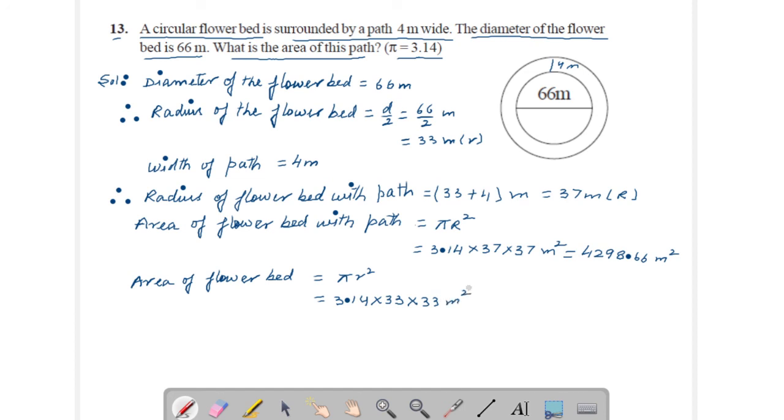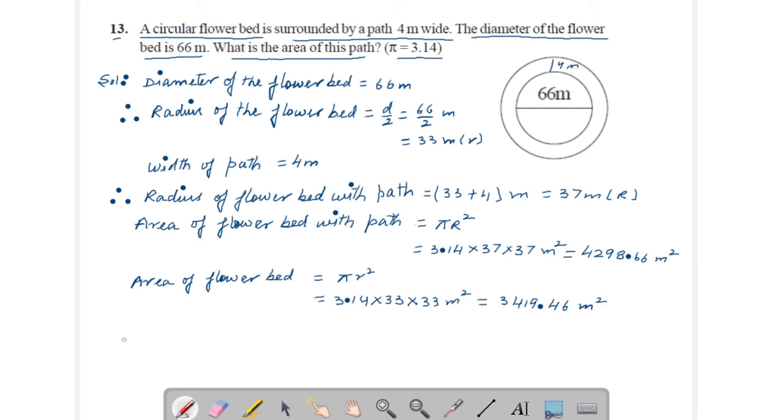Solve this. You will get 3419.46 meter square.